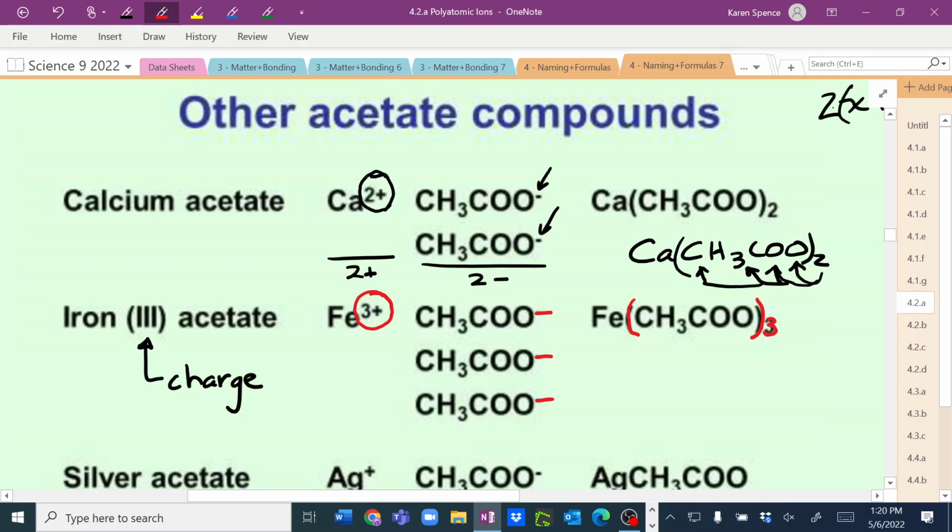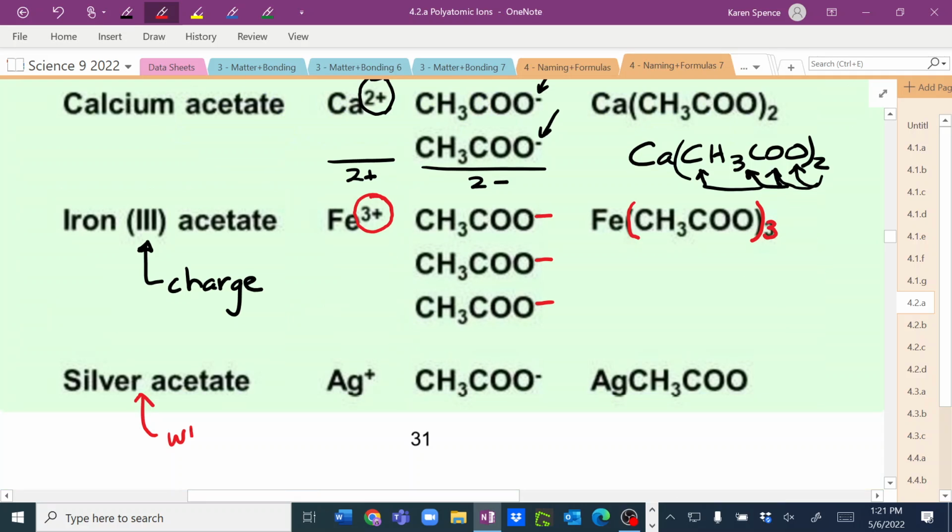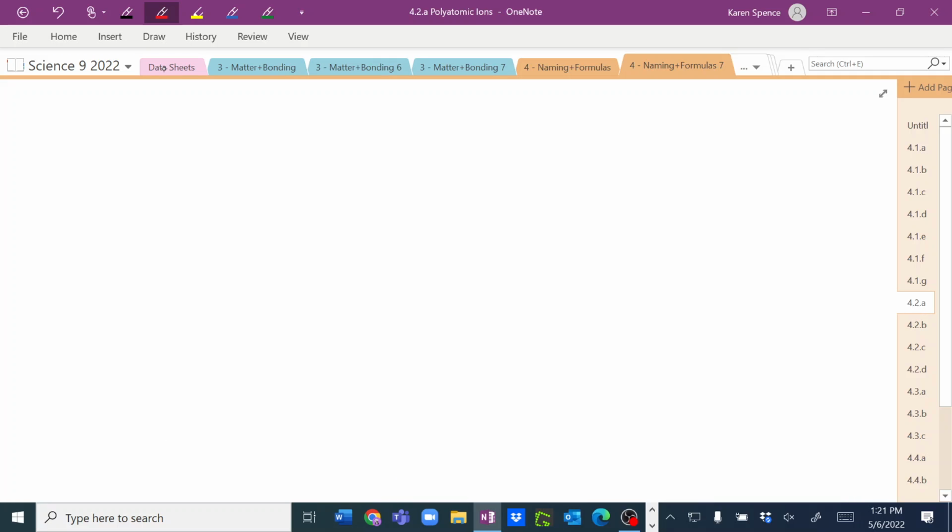Why is there no Roman numeral? Take a look on your yellow periodic table. There's silver right there. And what do you notice?